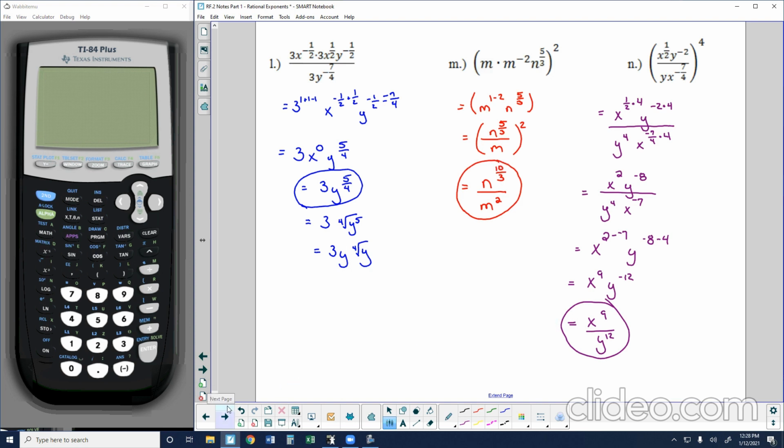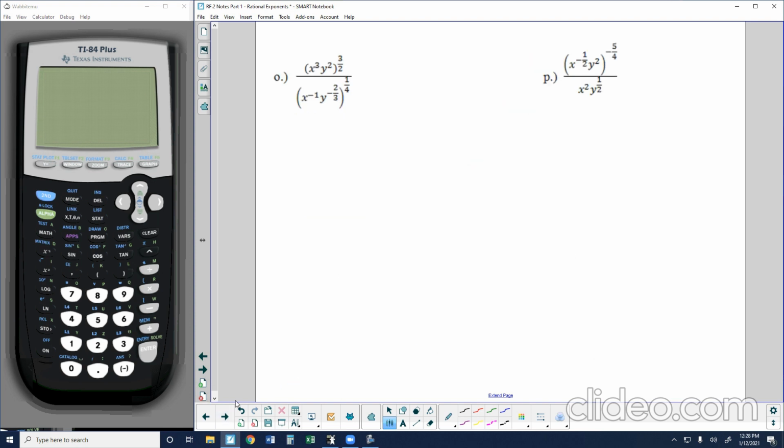Let's go ahead and take a look at another problem. So in this one, there is an order that we need to make sure that we follow here. Notice that the parentheses here in the numerator have a 3/2 power, and what's in the parentheses here have a 1/4 power. If I'm going to simplify, I do need to follow order of operations first.